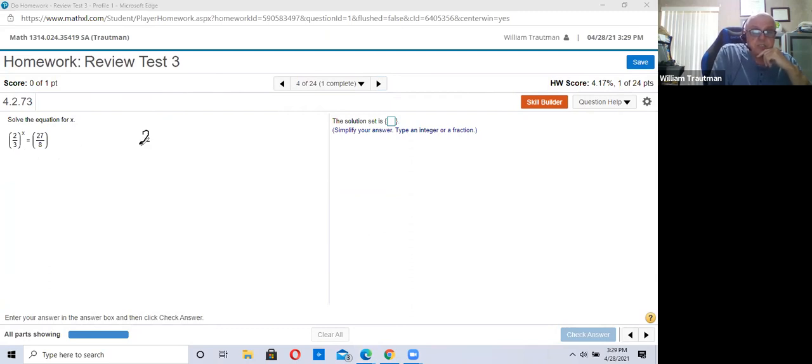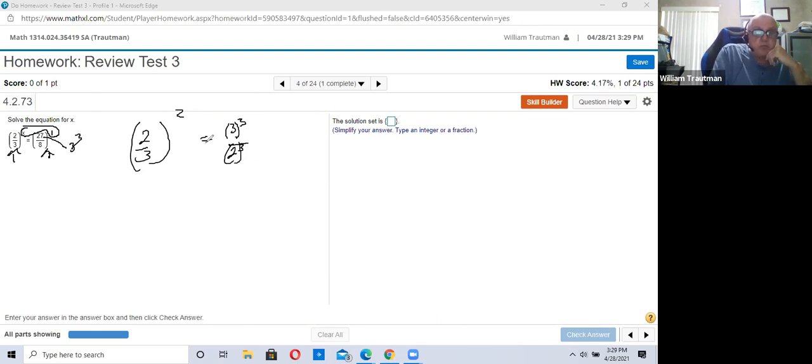(2/3) to the x and 27/8. Now remember, in order for us to find x, the bases have to be the same. So look at 27. 27 is 3 to the 3rd power. And 8 is 2 to the 3rd power.